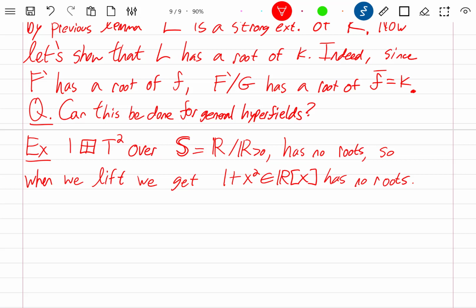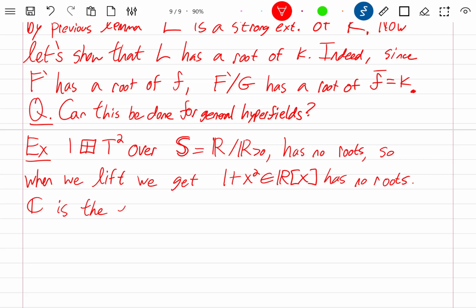If I replaced 1 with any positive number, and multiplied x squared by any positive number, this still doesn't have any roots, because no matter what you plug in, it's still going to be positive. But this is probably the simplest and most common representative you would take. And so our construction says, well, what's an extension of R that has a root to 1 plus x squared? Why, that's the complex numbers.